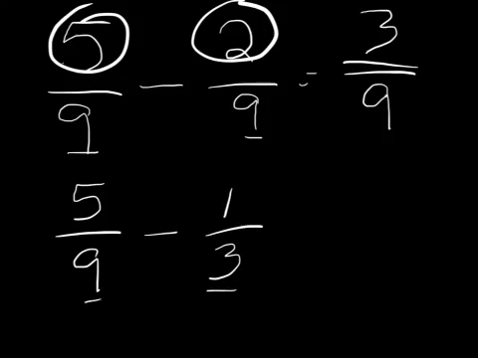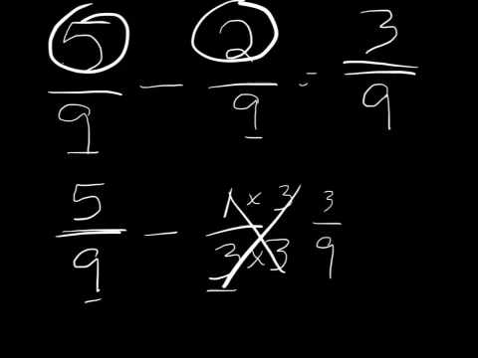They're different size pieces, but you can turn your thirds into ninths pretty easily by multiplying numerator and denominator by 3, which would give us a new fraction of 3 ninths. Now we can subtract our 3 ninths from the 5 ninths we started out with. 5 minus 3 is 2, and our common denominator is ninths.